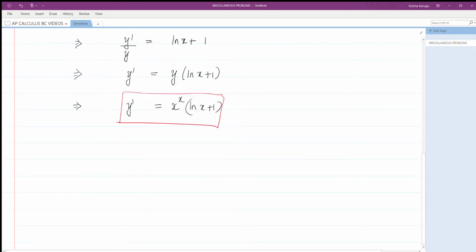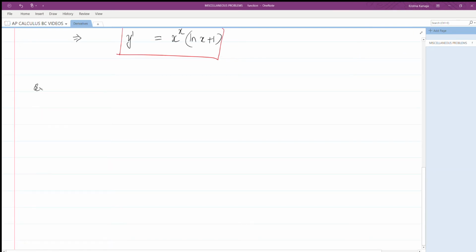Let's take another example and differentiate the function, let's say y equal to ln x to the power, let's just say, tangent of x. Once again, we are in the situation where we have a function of another function, so we can again use the laws of logarithms.